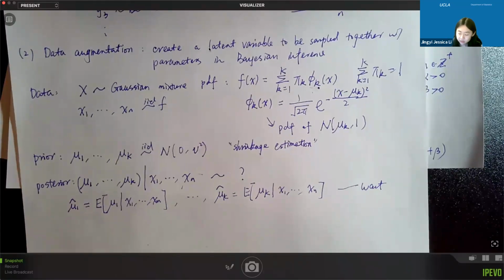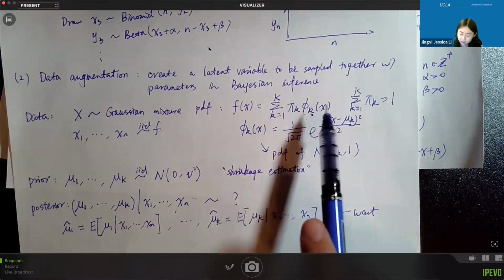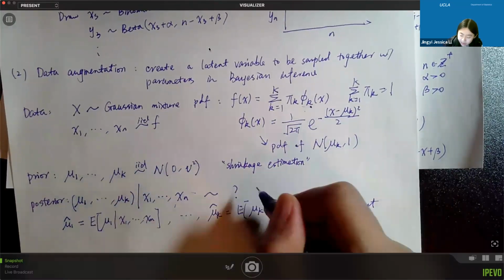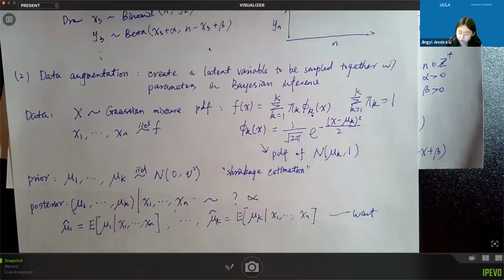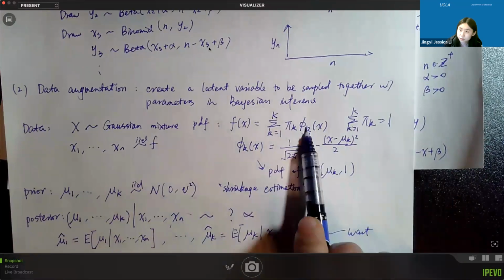And clearly, you see, it can be quite complicated. The posterior is going to be proportional to the likelihood times the prior. But the likelihood is super complicated.